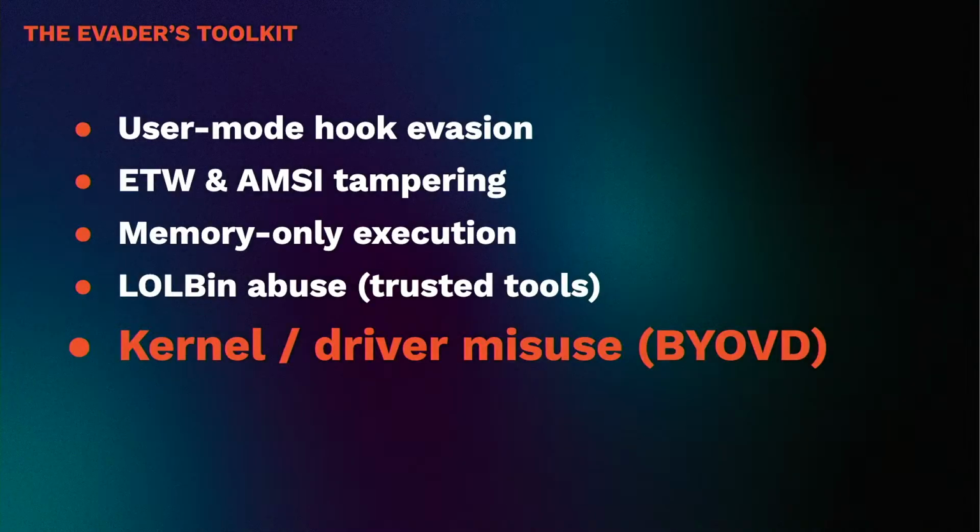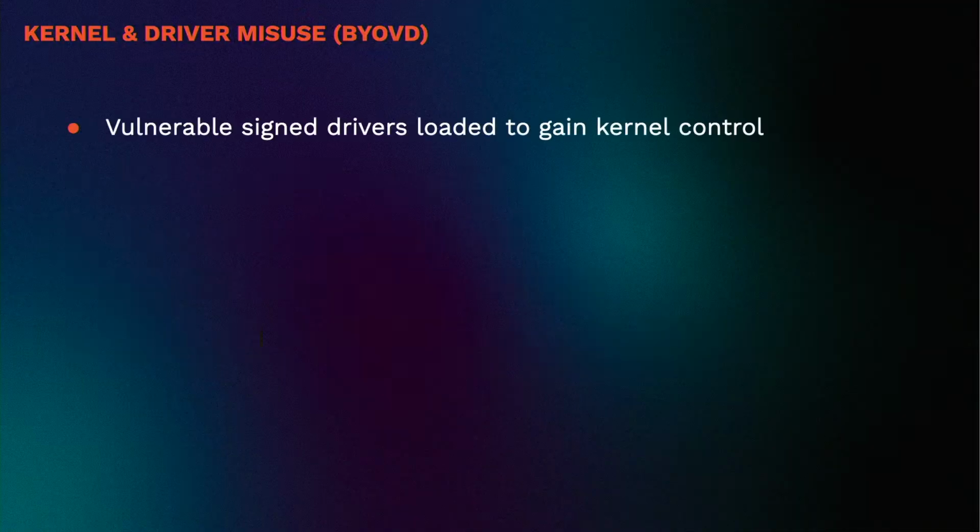Okay, finally, we're going to look at kernel and driver misuse. So basically bring your own vulnerable driver. Let's just do a recap, right? So, okay, fine. Firstly, an introduction. When we talk about kernel drivers, we saw the EDR architecture, right? The EDR today, most of the EDRs are basically kernel drivers. So Windows allows them.